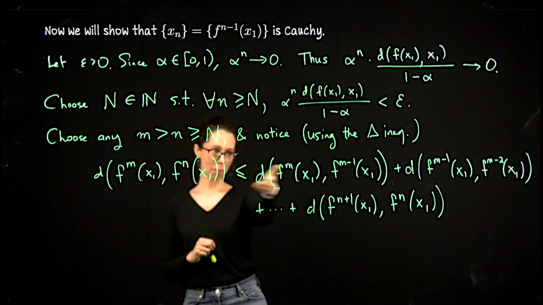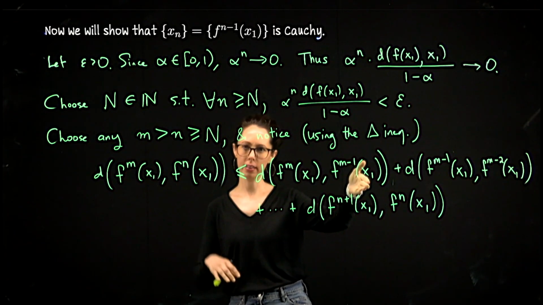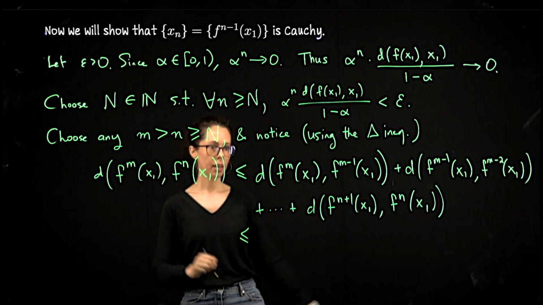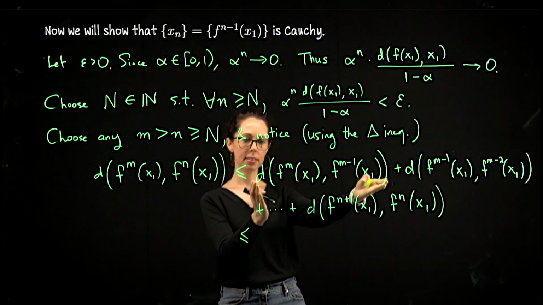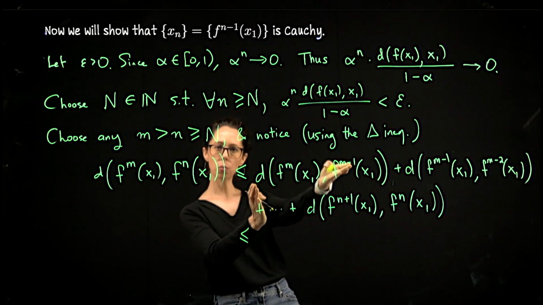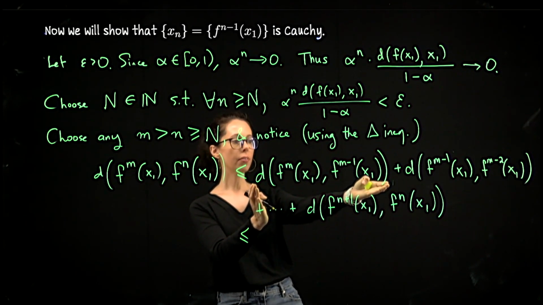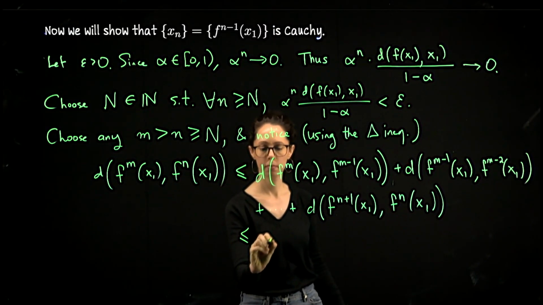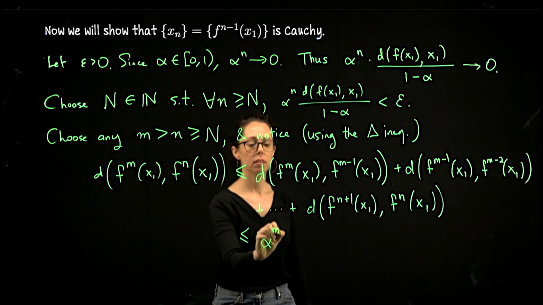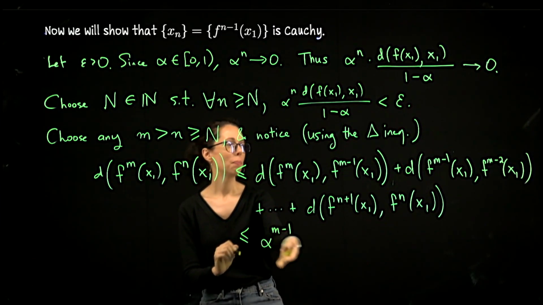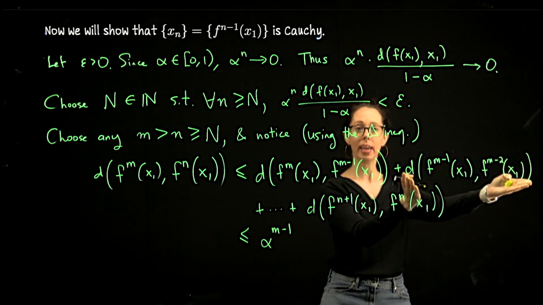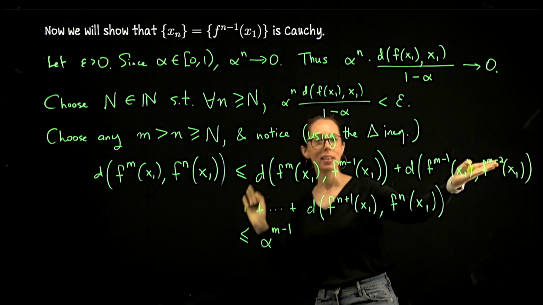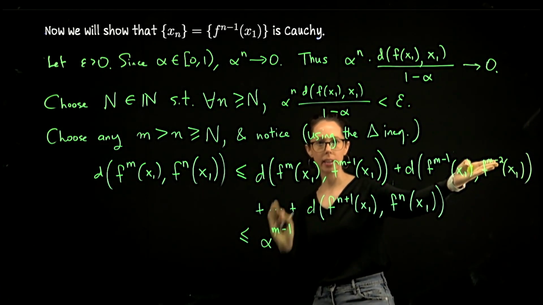What we have here are a bunch of terms that look exactly like the statement that we just proved in step number 1. So let's bring that in. This term, I can say that this distance here is less than or equal to alpha to the n minus 1, so it matches this expression up here, alpha to the n minus 1 times the distance between the second and first terms. I'm going to just write this for now, because if I came here, I would say, and this distance is less than or equal to alpha to the n minus 2 times the same distance between the second and first terms.